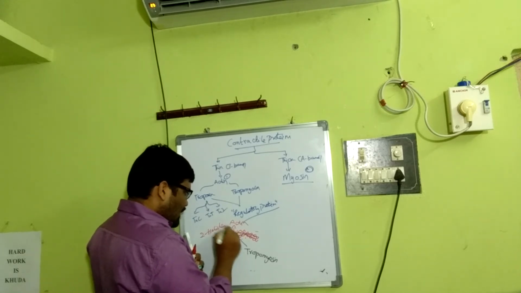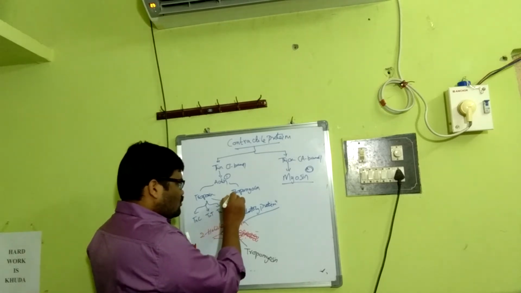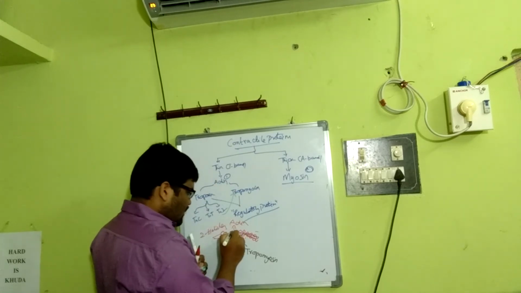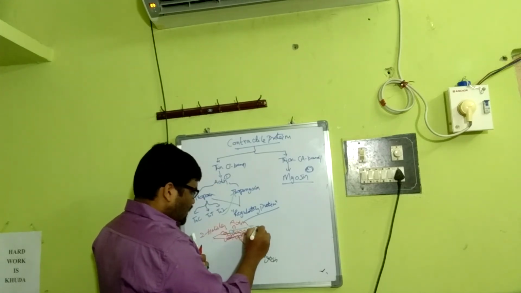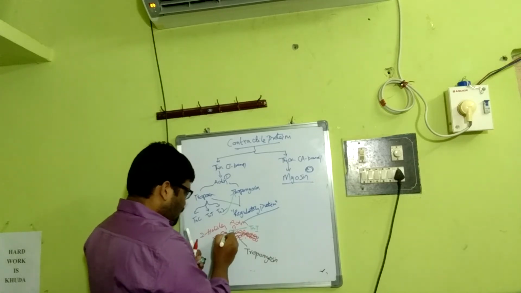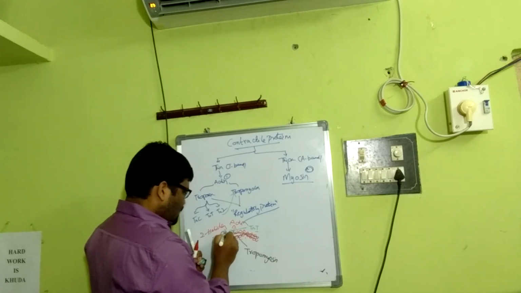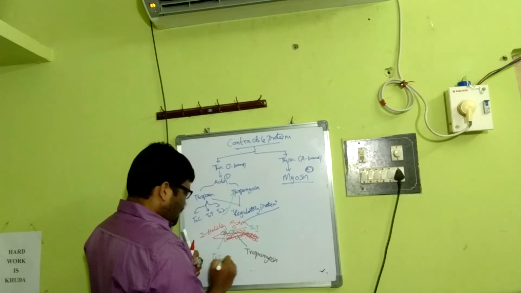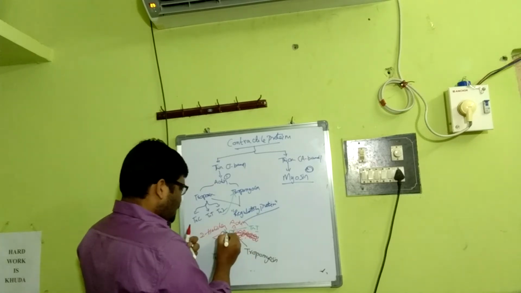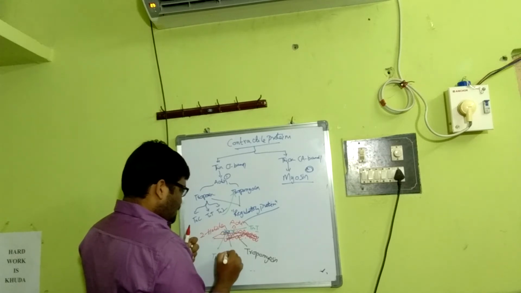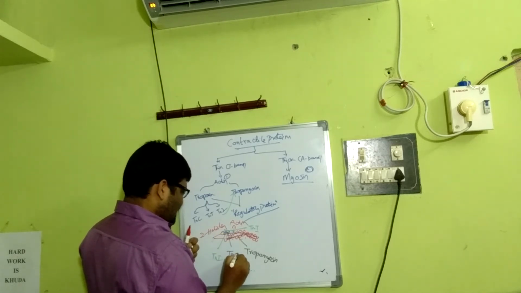They are associated with tropomyosin. This is TNT, this is TNI, and this is TNC.